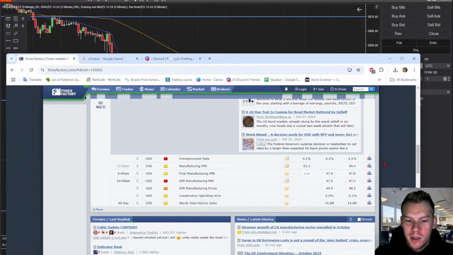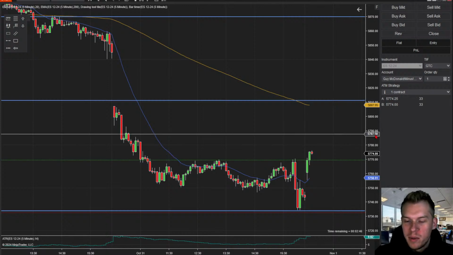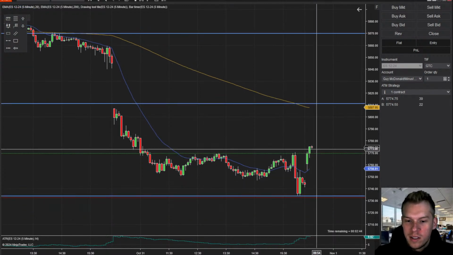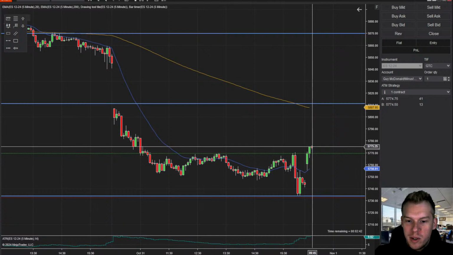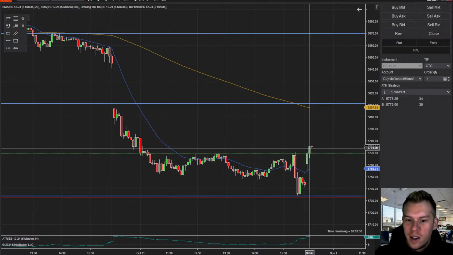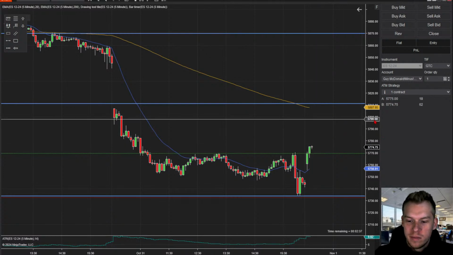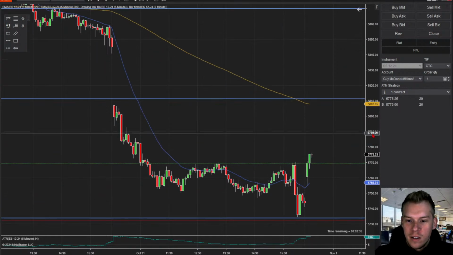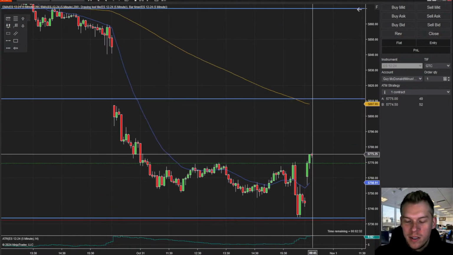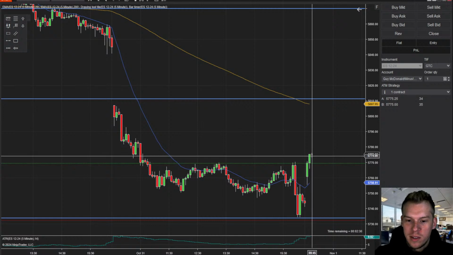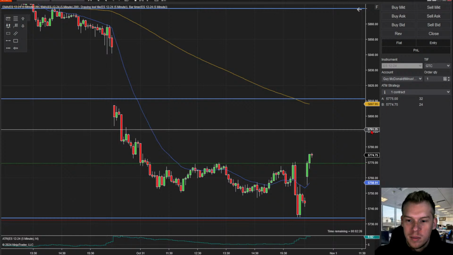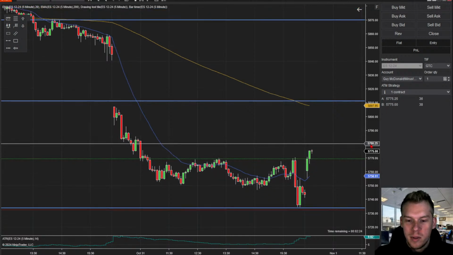This won't be too significant, but it might give the market a little bit of a spike. So we just want to make sure we're not entering a trade before then. I think if we wanted to enter here, that'd be fine. We still have 20 minutes, but I don't want to be in a trade before that news comes out.